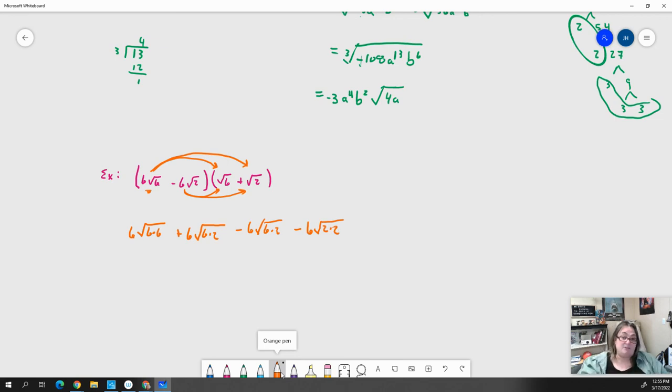And if you notice these two end pieces, the square root of 6 times 6 is just 6. So this becomes 6 times 6 plus 6 times the square root of 12 minus 6 times the square root of 12 minus 6 times 2. 6 times 6 is 36. 6 times the square root of 12 minus 6 times the square root of 12, those just cancel, right?